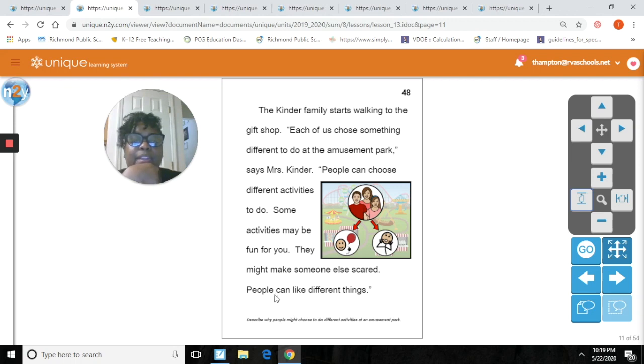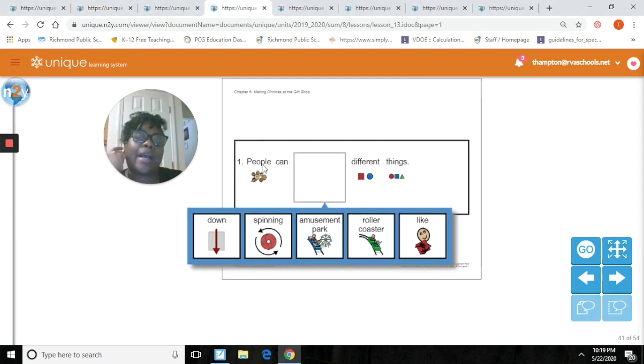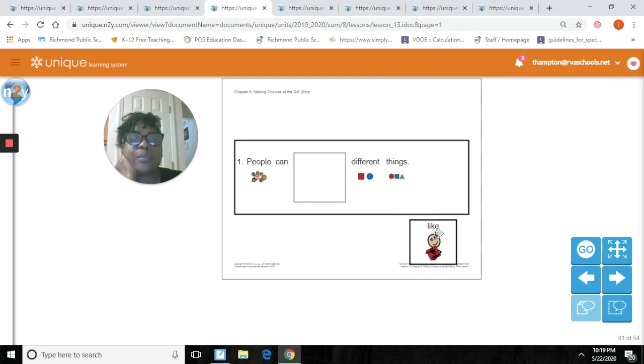And we see right here that people can do what? Like different things. Okay? So our key word to look for was people, because that was one of our focus words in the question. So we're going to put like there.